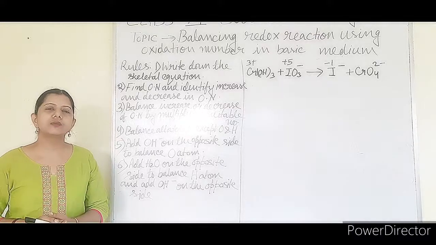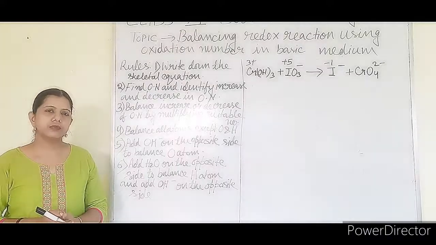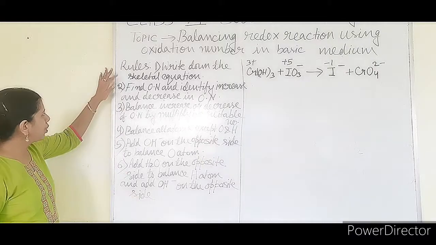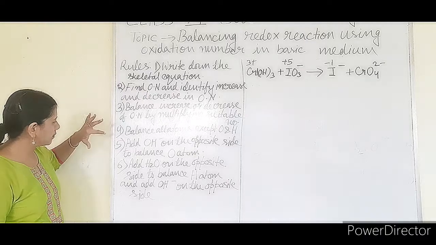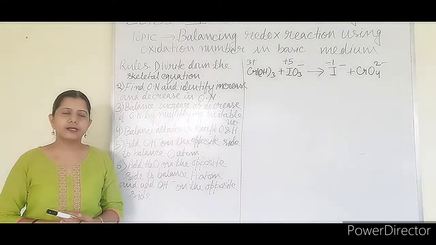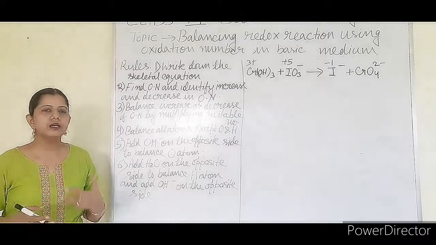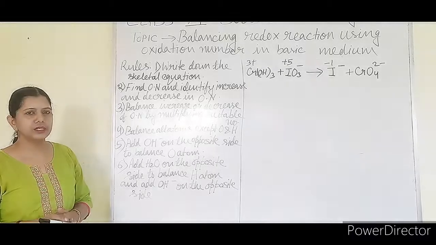In the question it will be written whether you have to balance it in acidic medium or in basic medium. So all rules, rule number 1, 2, 3, 4, up to this are the same as you have done earlier. I am just repeating fast. First, write down the skeletal equation.